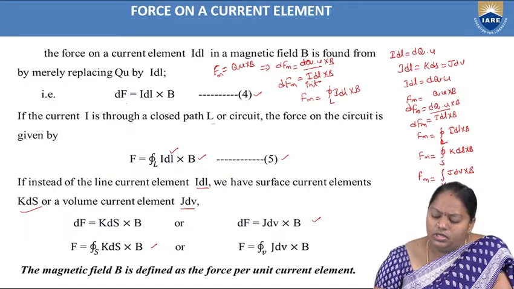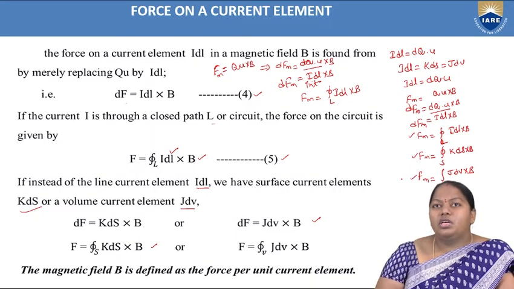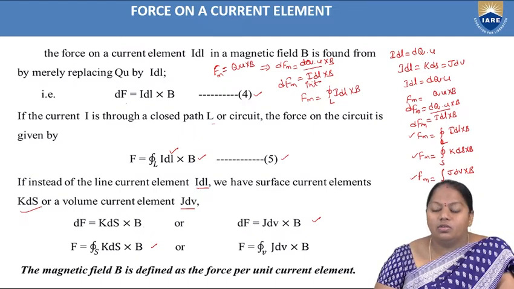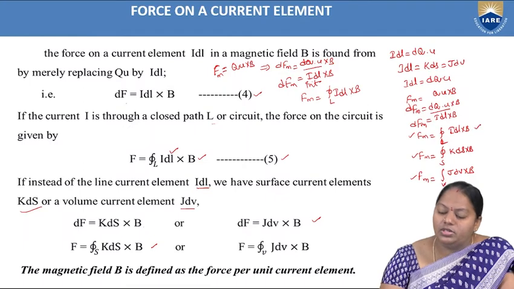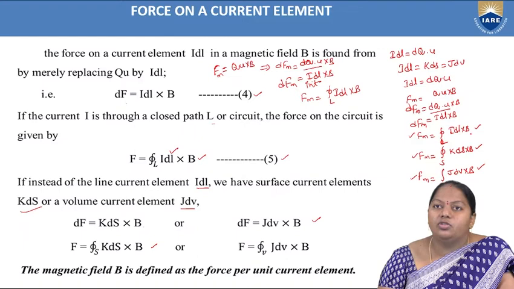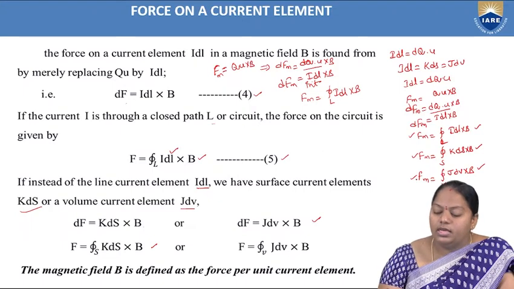Right? So this is the way we can get the three current element relations, or the force experienced on a current element, whether it is related to line current or surface current or volume current. Then the three relations are Fm equal to the integral L I dl cross B, Fm equal to the integral S K dS cross B, Fm equal to the integral V J dV cross B. In all the cases it must be closed, right?